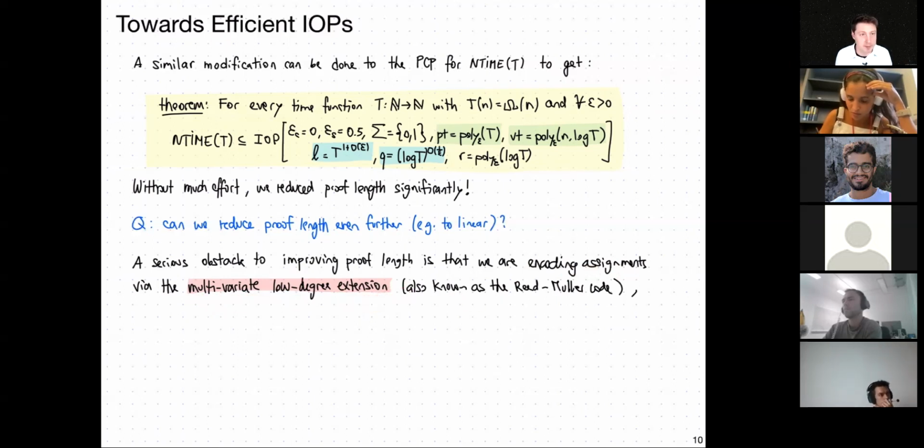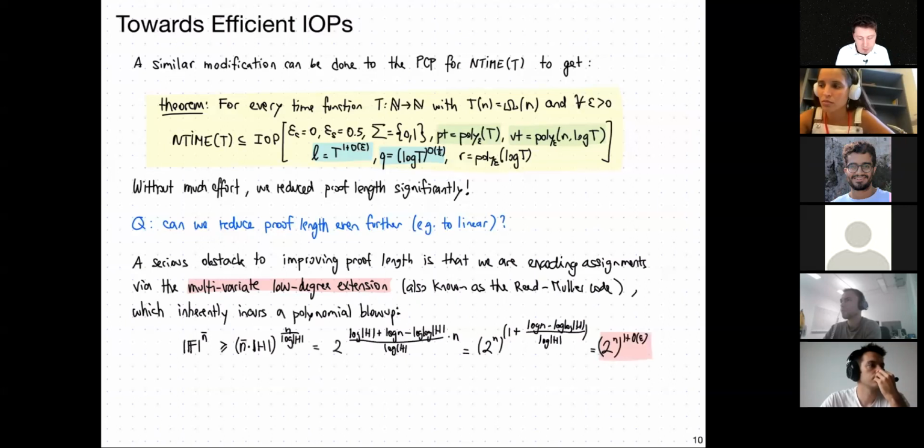Why? Because we're using sum check. We have this multivariate sum check that appears everywhere. If we want to talk about multivariate polynomials, they have to come from somewhere. And so we take our assignment and we low-degree extend it.